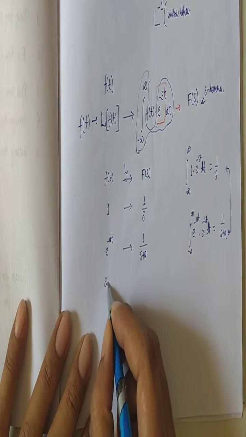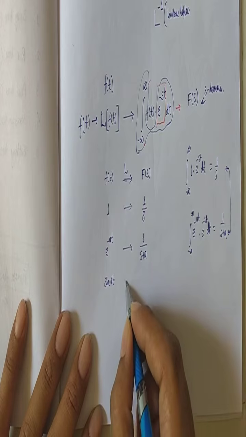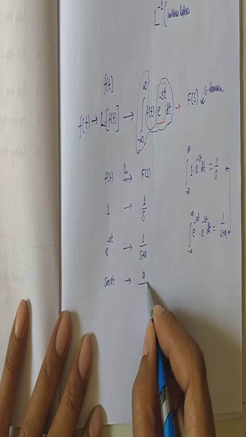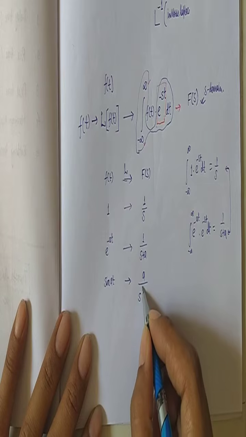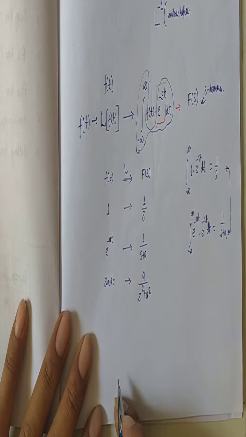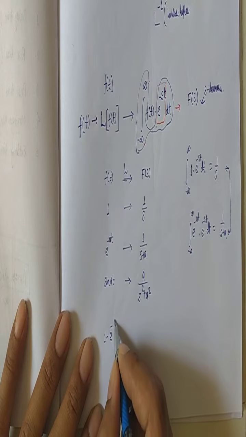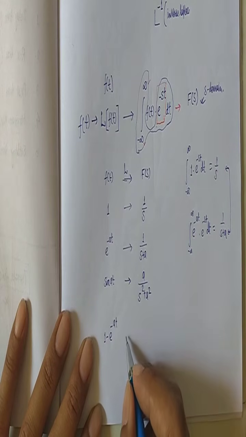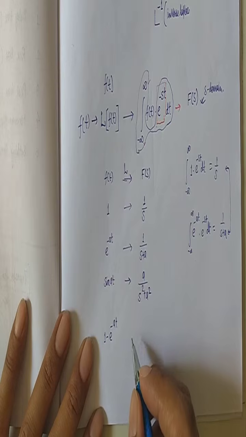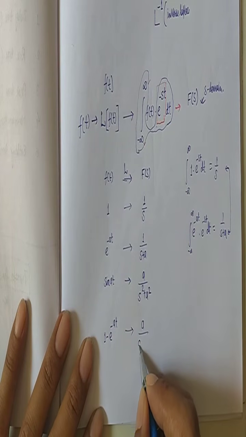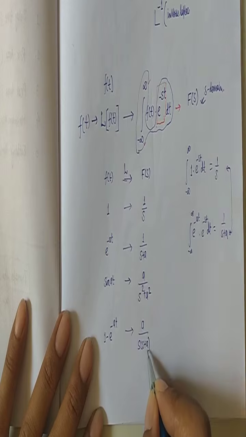If you do the Laplace transform of sin at, we get a upon s square plus a square. If you do 1 minus e raised to the power minus at, you get a upon s(s plus a).